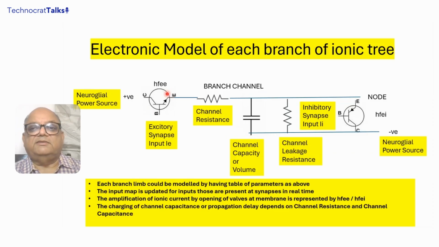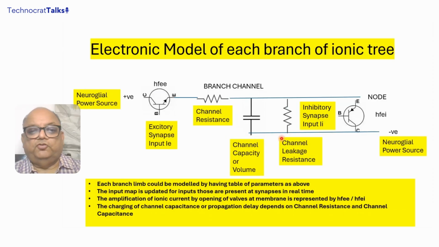And then the charging of this capacitance with this time constant, that is the propagation delay. So the information that this input has come here will be available here after some delay time. That's the charging delay of the capacitance through this RC network. And that information will be retained for some time. After that, slowly it will get dissipated.